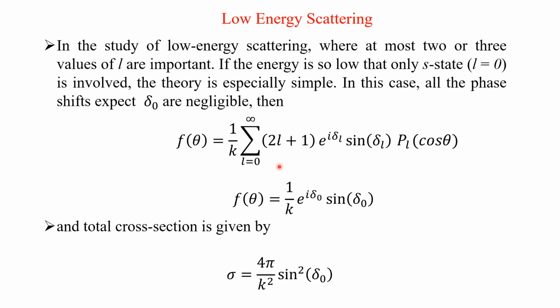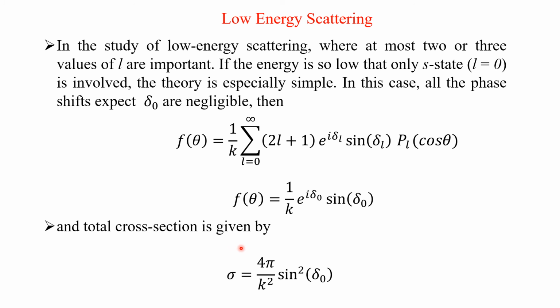When l equal to 0, this will become 1 over k, and the first term will become 1. This will become e^(iδ_0). This will become sin δ_0. P_l(cos θ) is equal to 1 when l equal to 0, that also we know. So f of θ can be written as 1 over k e^(iδ_0) sin δ_0.